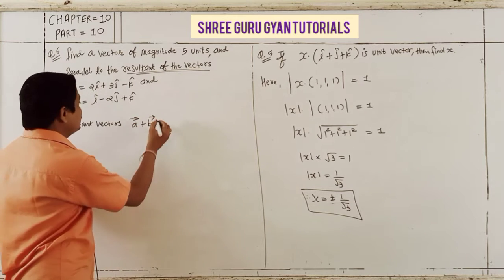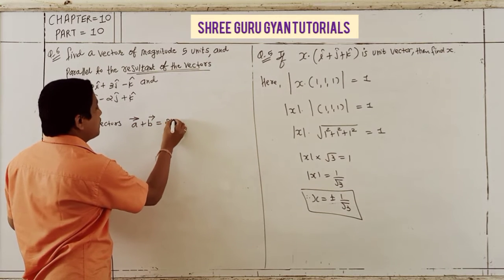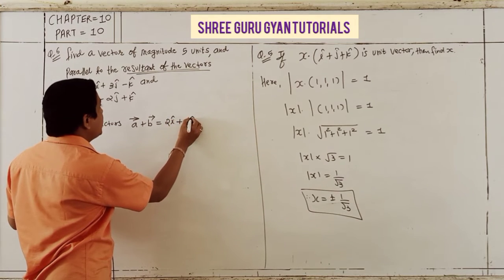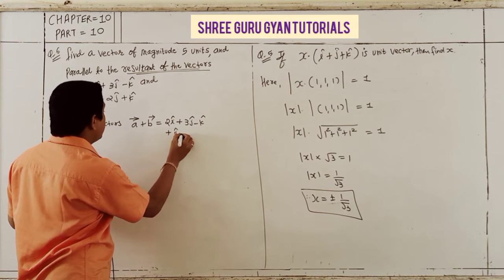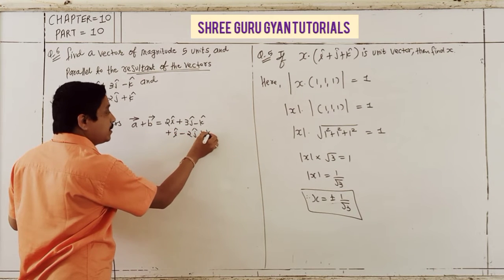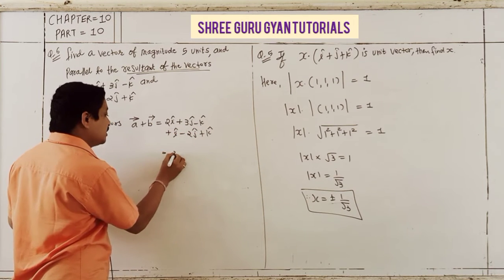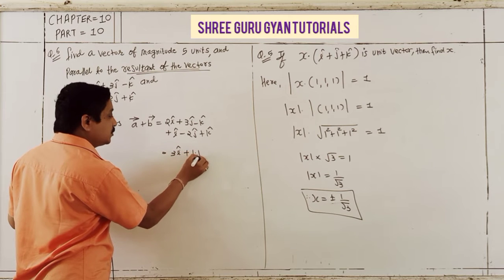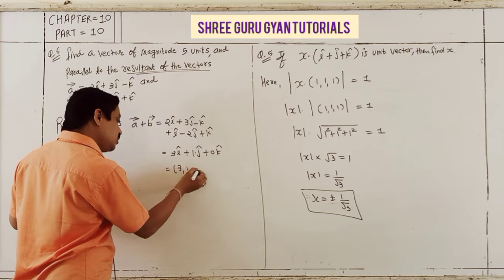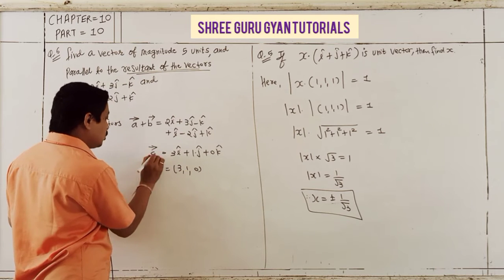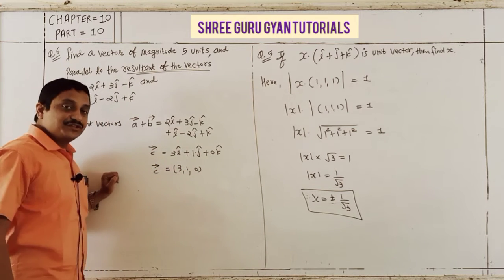Simply add them. What is your A? 2i plus 3j minus k, plus i minus 2j plus k. In short, it is 3i plus 1j plus 0k. You write down 3, 1, 0, and that vector is called the C vector, the resultant vector.